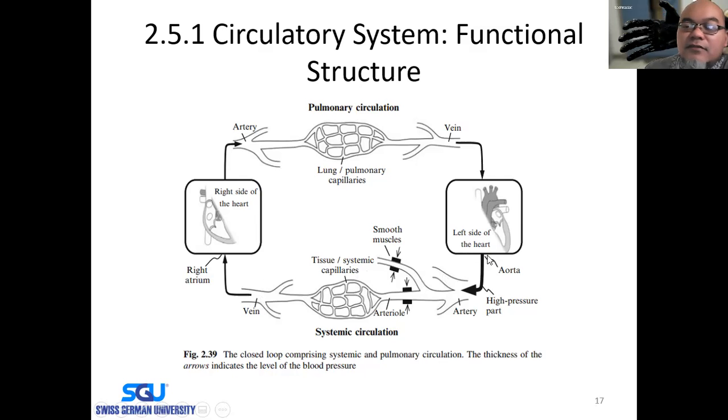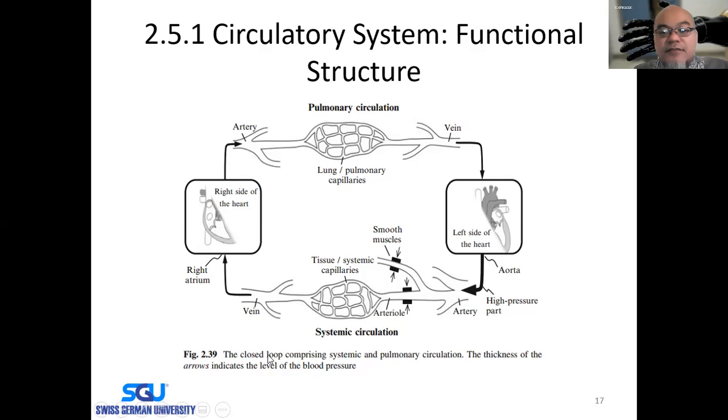First to the aorta, and then branching into the arteries, the upper arteries, lower arteries, then to the smooth muscles, to the arterioles, and then to the systemic capillary system. Then it goes again to the venules, back to the veins, and then back to the right atrium. The same thing happens with the pulmonary circulation.